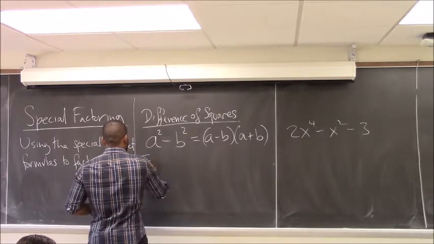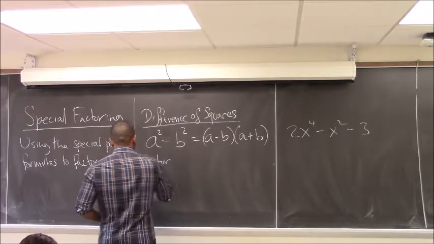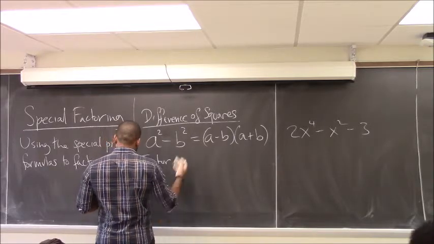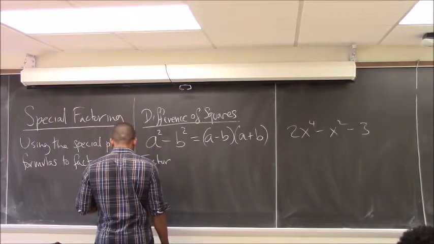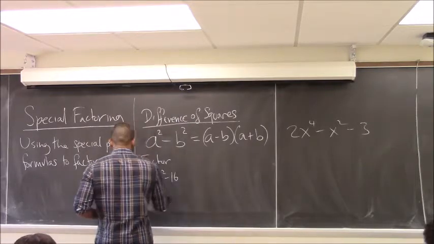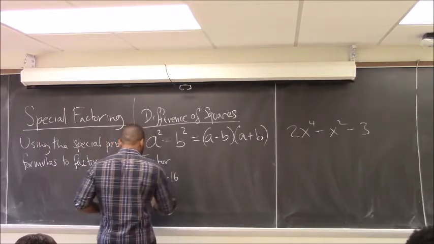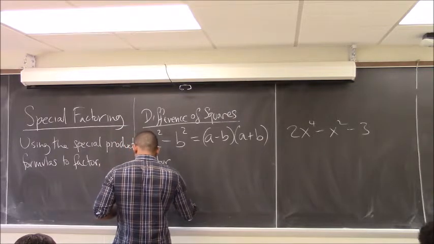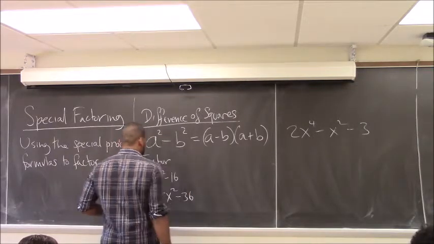So factor, some of these are kind of silly. x squared minus 16. I'm going to skip some of these. 25 minus 36.